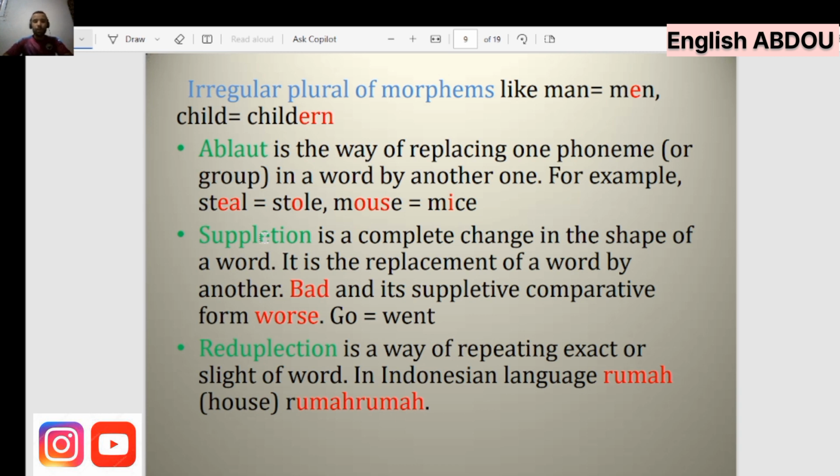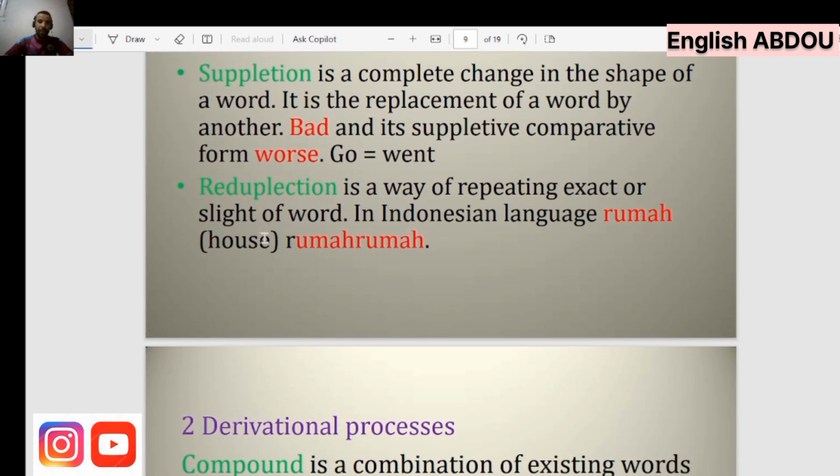When we do the comparative, it becomes worse, and good becomes better or best according to comparative or superlative. And also some verbs like go, and bring, etc. So here go becomes went. So it is the change of the whole word to another word.